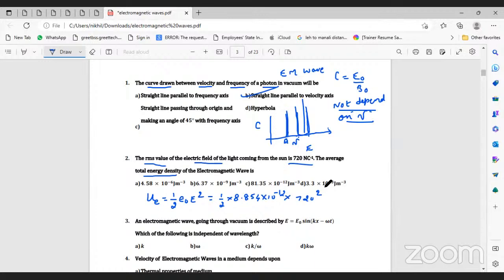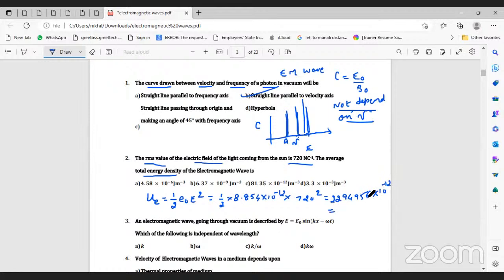It is almost equal to 2294.956 into 10 raised to minus 12.